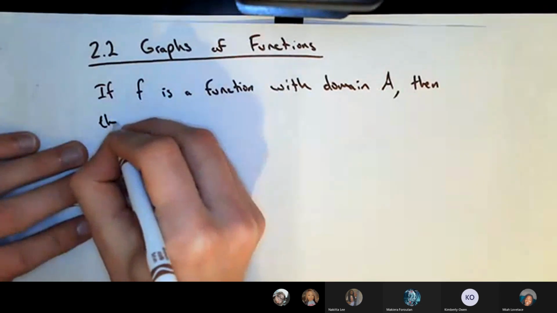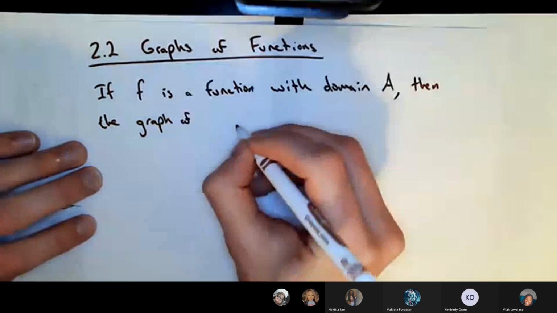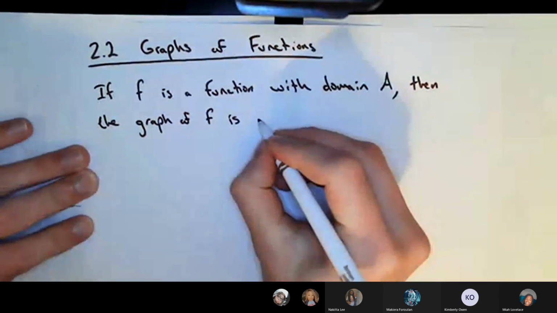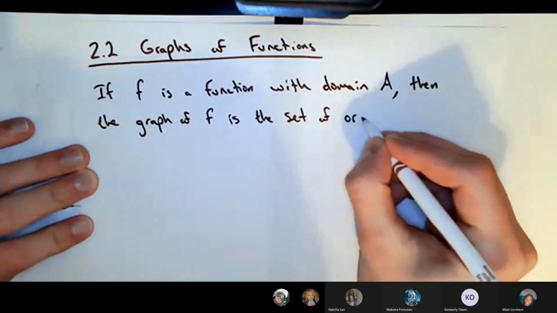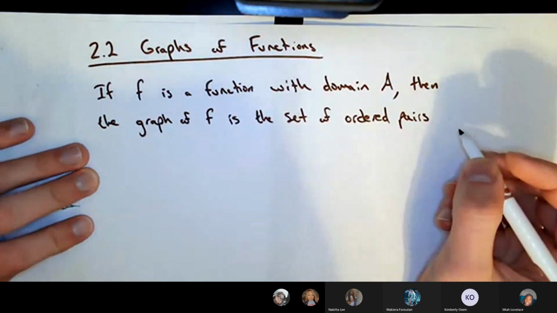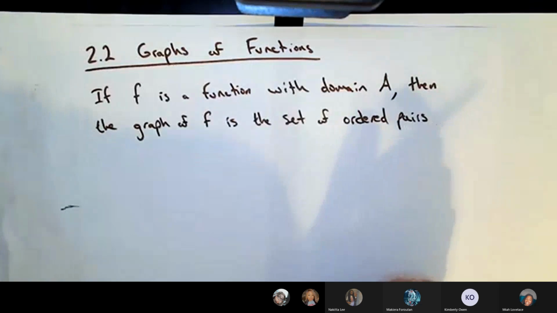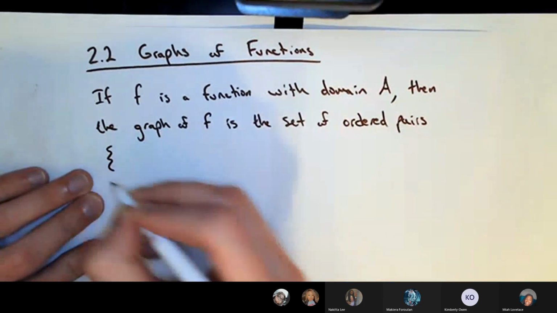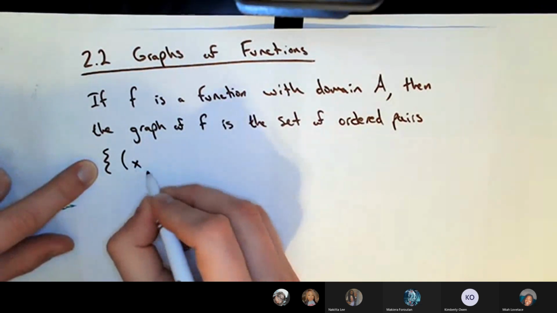Then the graph of f is a set of ordered pairs, in other words, coordinate points. Ordered pairs are coordinate points on our xy plane, or our Cartesian coordinate plane. And here comes the set. So remember, a set is denoted by a curly bracket. And if you don't know that, that's okay.